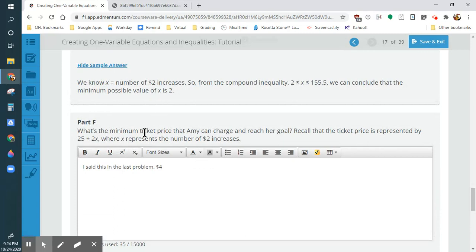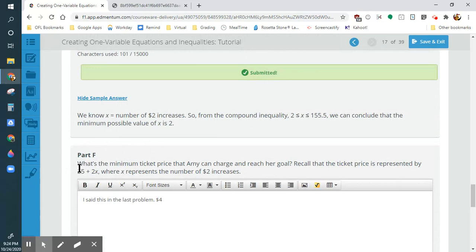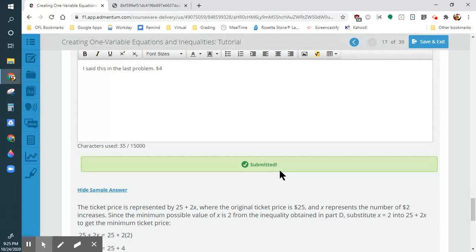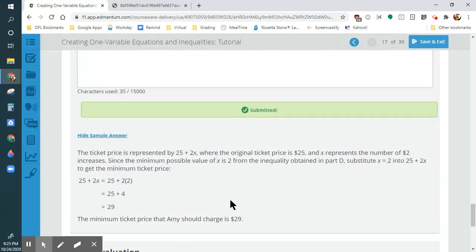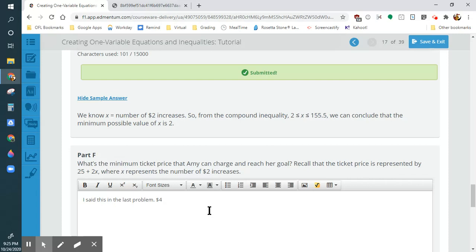Did it ask for the maximum? Did it really? Oh, is it asking how many people? What's the minimum ticket price she would charge at this goal? I think they messed up somewhere here. Oh, it's $4 increase, which we have to add to the $25.